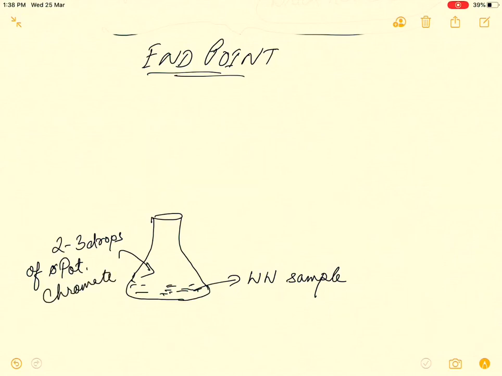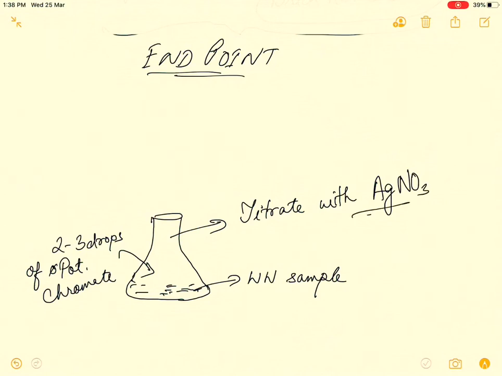Then we titrate with silver nitrate, and the end point is from yellow to brick red color.